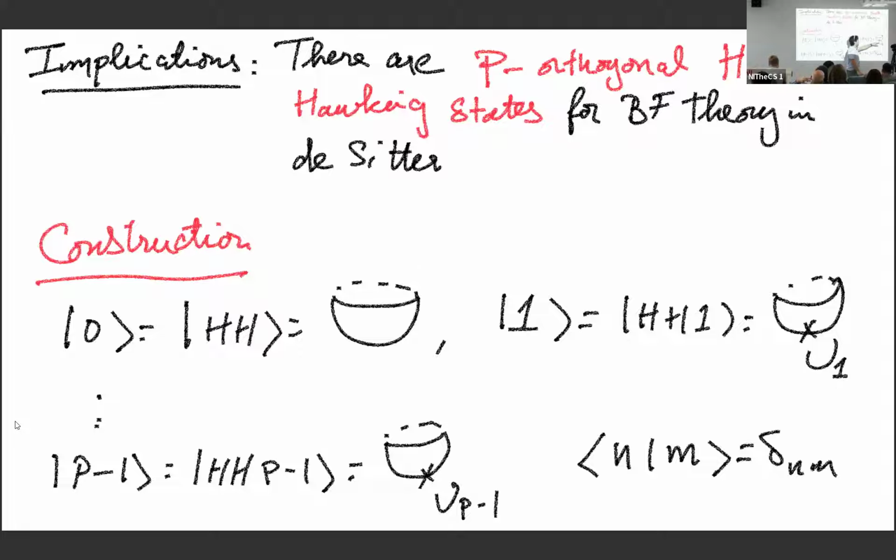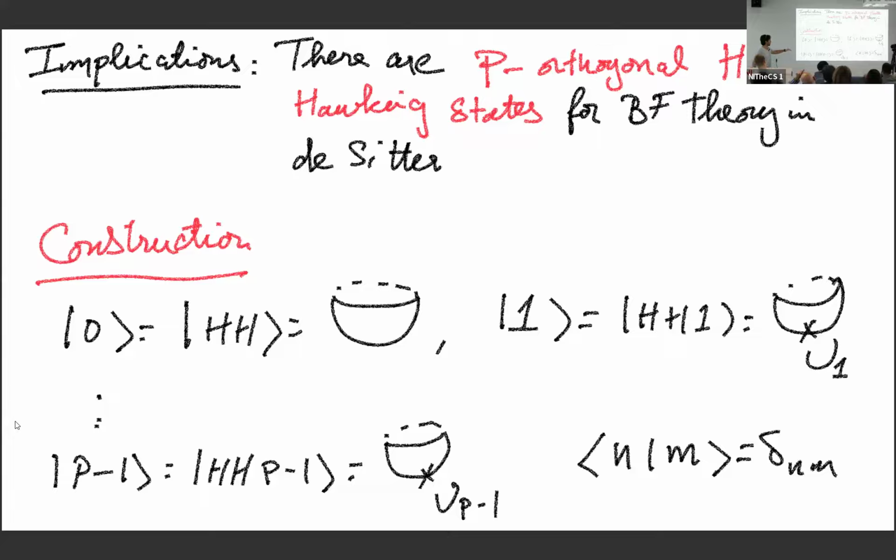However, I could have done the path integral but inserted a U_1 instead. This U_1 also prepares a de Sitter invariant state, and I can do that up to p minus 1. I can even show, using the Euclidean path integral, that these states are orthogonal. So instead of having one de Sitter invariant state that I can prepare with the path integral, I have p of them. They're orthogonal.